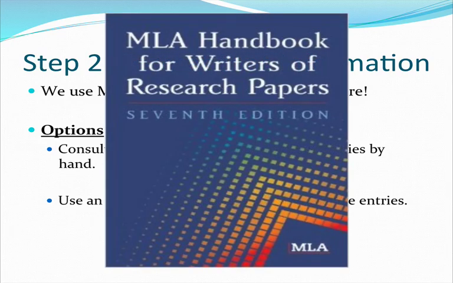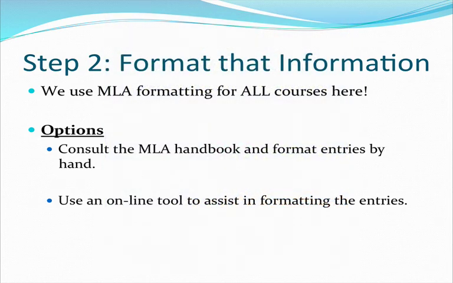Or, more realistically, and this is what most of us do, we go to one of many online tools where we plug in the information that we have from the text we just used, and that site formats it for us.